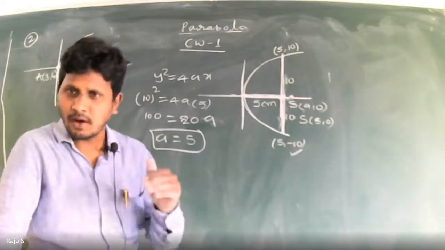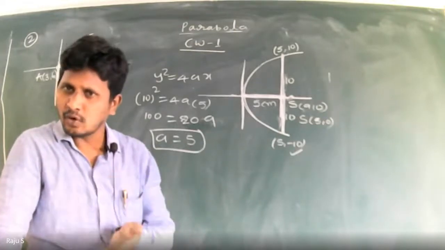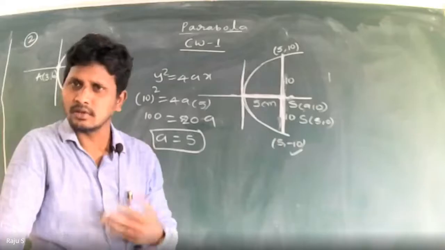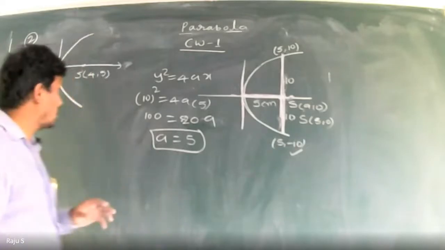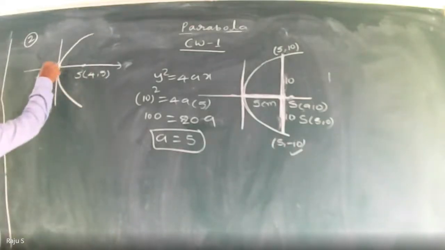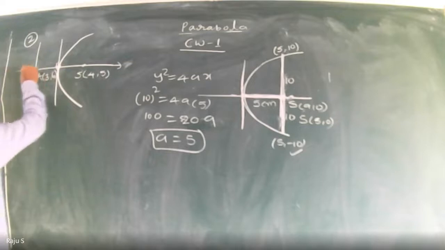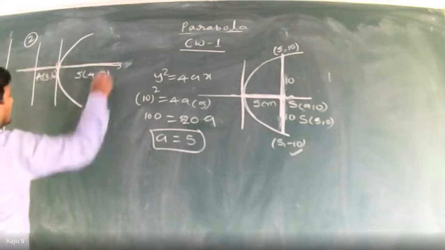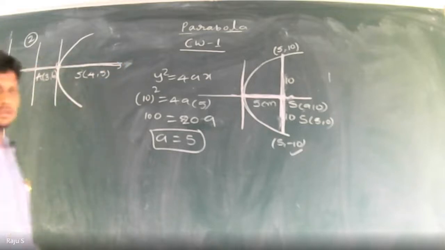It is the line which is passing through the focus, perpendicular to the directrix or perpendicular to the tangent at vertex. This is the directrix. They are asking for this line equation.